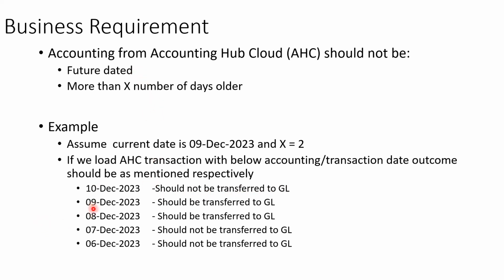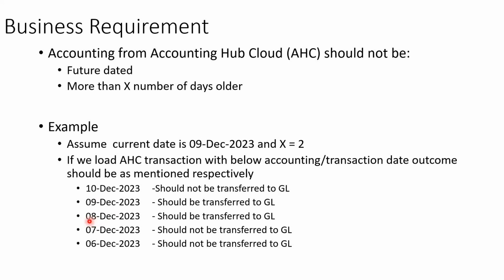Assume we have another transaction whose accounting date or transaction date is 9th of December. Then when we account this transaction in Accounting Hub, it should be transferred to GL because it is neither future dated nor more than 2 days old.